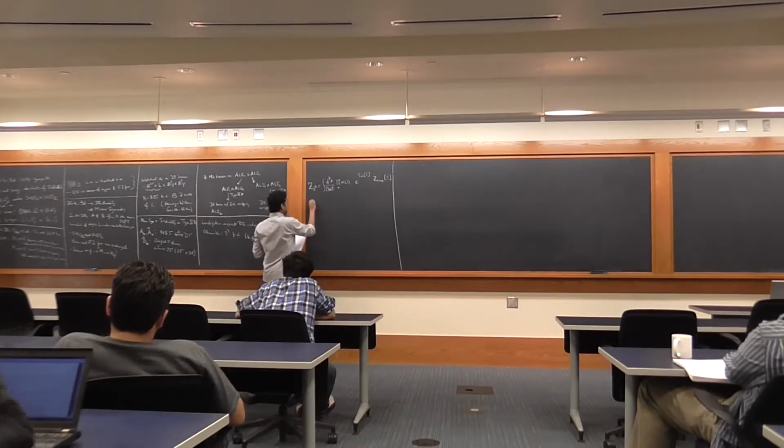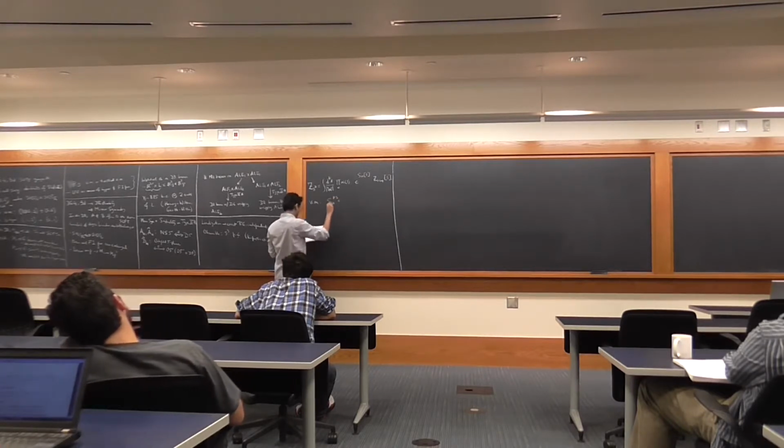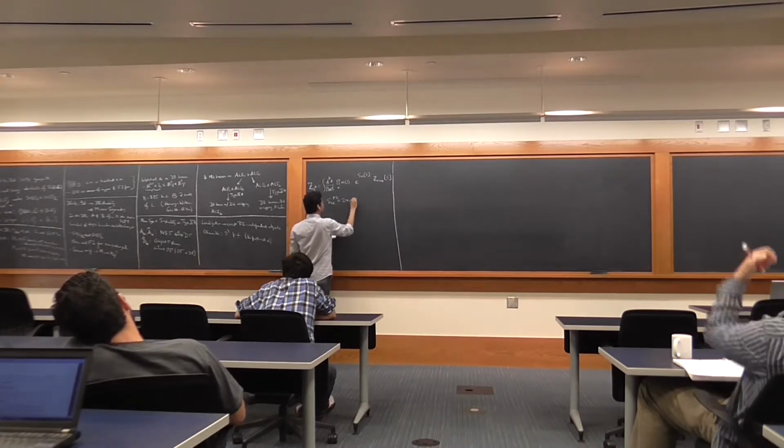The vector multiplet contributes an FI term for each U(1) factor in the gauge group.